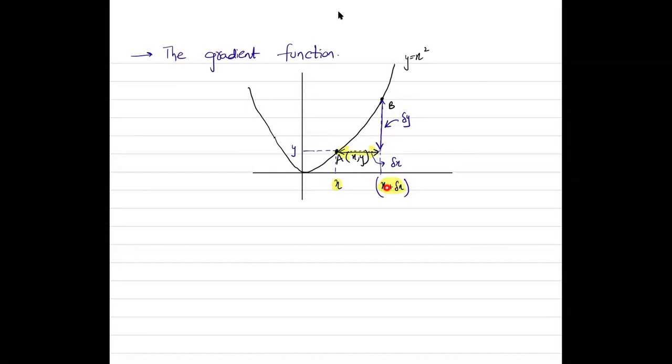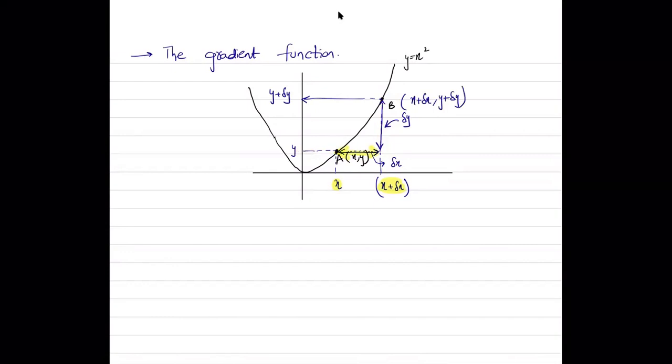Yeah, sir. If the y coordinate of A is y, and I add this distance, can I say that the y coordinate of point B is y plus delta y? Yeah. So B has a coordinate of (x plus delta x, y plus delta y).